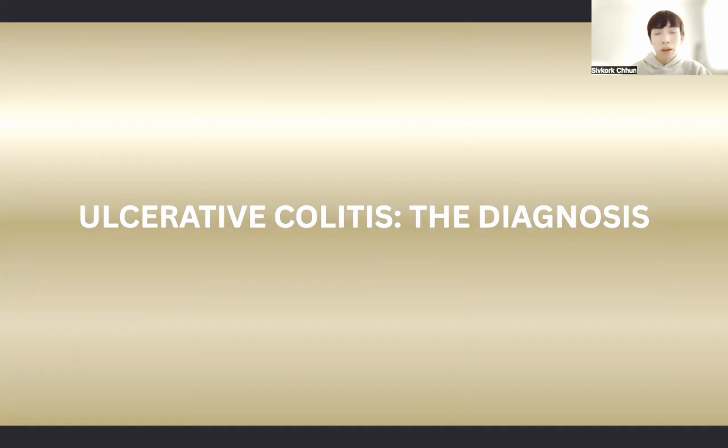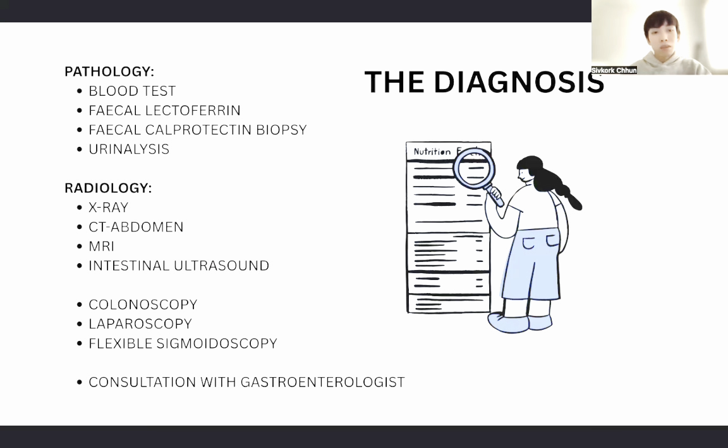So what is the diagnosis of ulcerative colitis? Diagnosis includes pathology and blood tests, such as lactoferrin. We observe the calprotectin and ESR to observe the infection level from the blood and to observe if there's a sign of anemia.